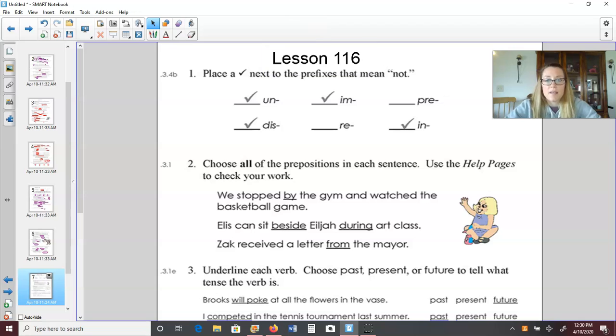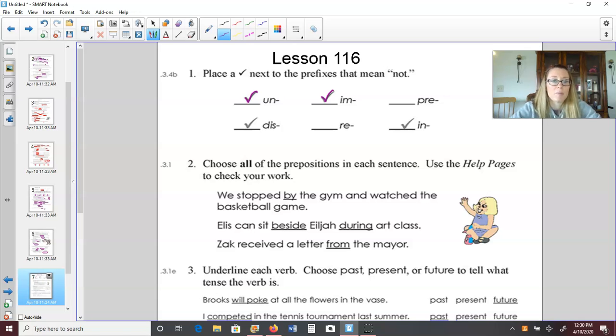All right, so place a check mark next to the prefixes that mean not. We looked at some of these prefixes in the last lesson. Like if you are unavailable, you are not available, so that means not. If something is impossible, it's not possible, so that means not. Preheat, does that mean to not heat the oven?